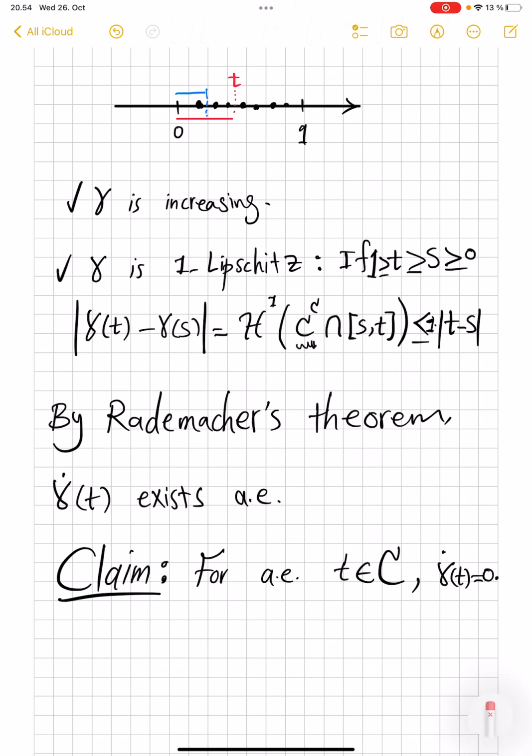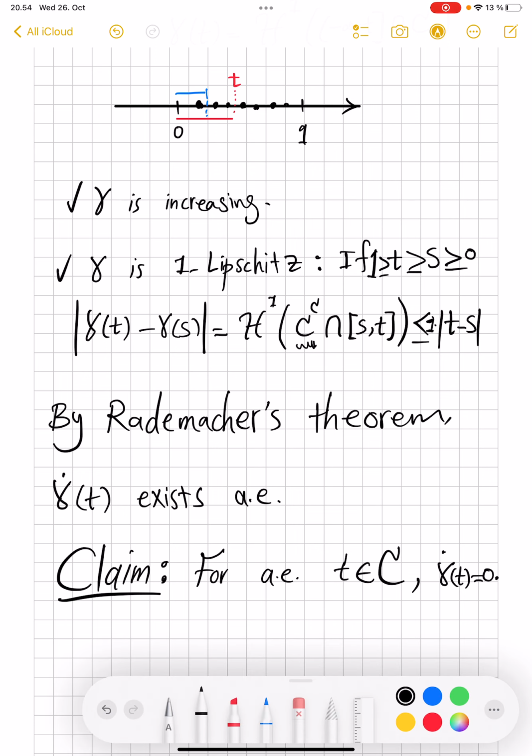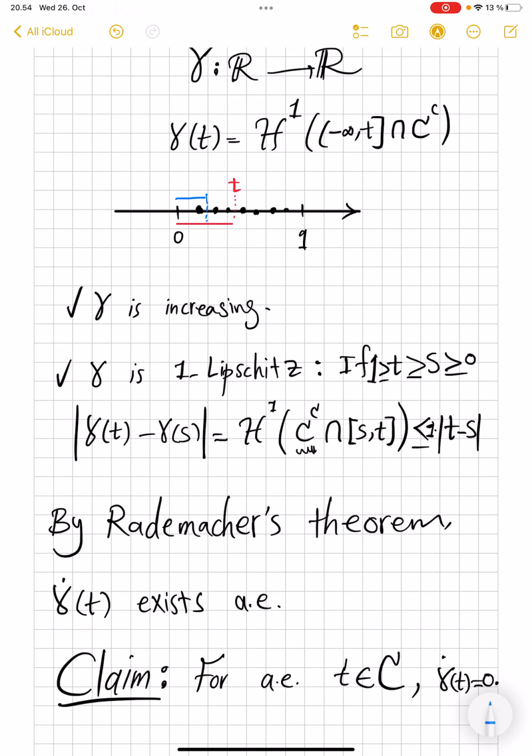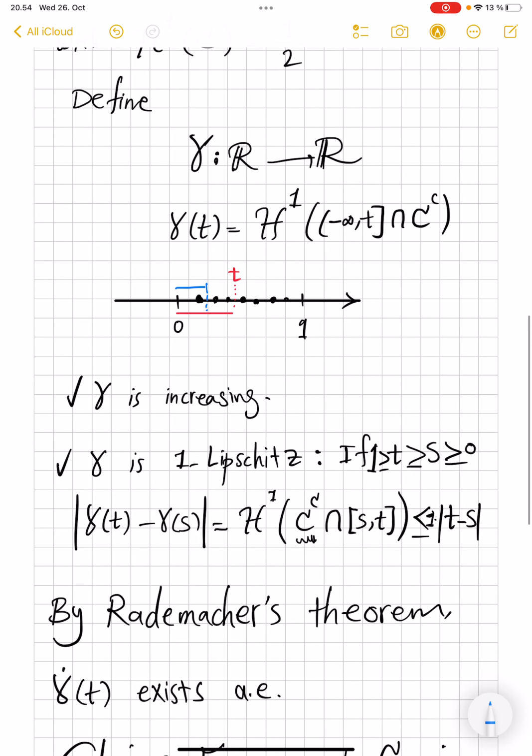Now let's see intuitively why this is the case. Okay, what part of this, let's go back to the definition of gamma t. So gamma increases when you pick up more stuff from the complement of C.